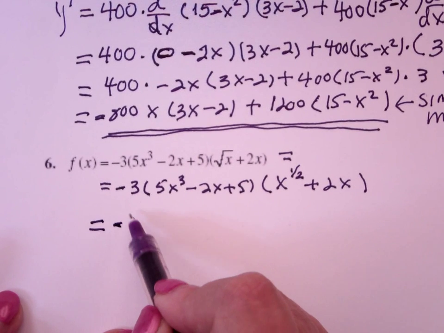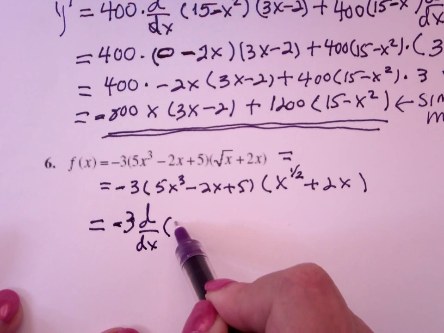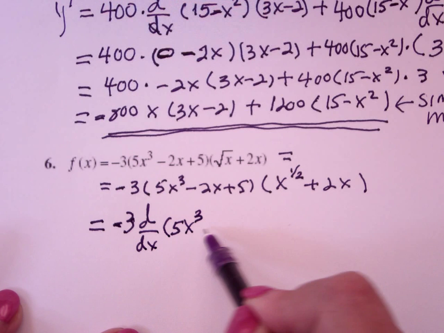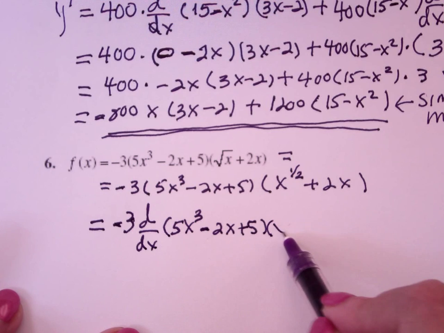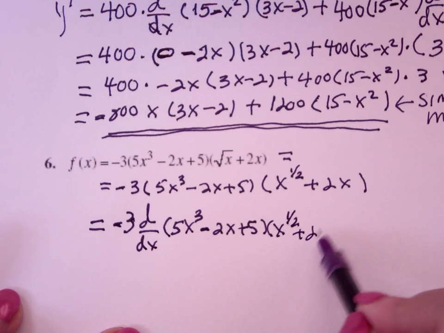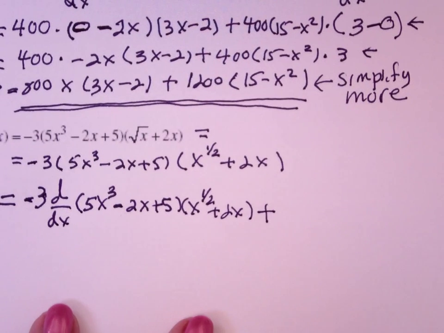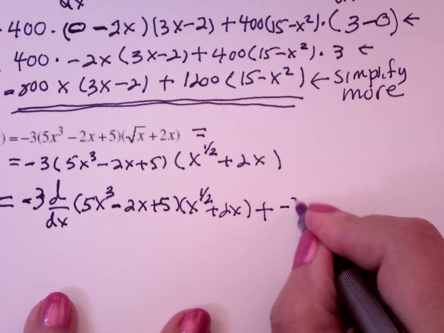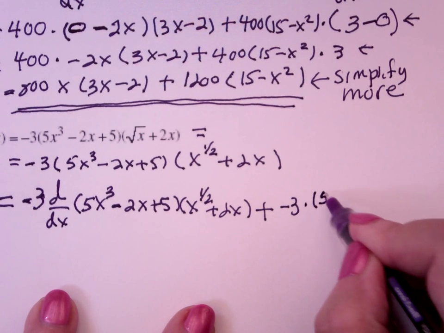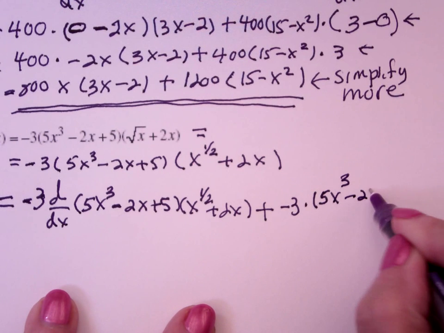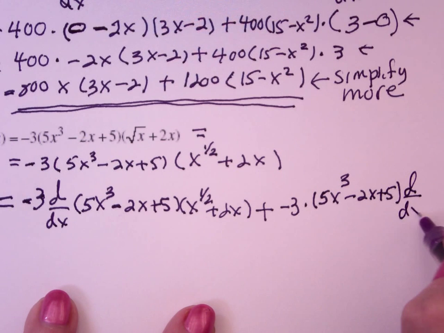It's going to be negative 3 times the derivative with respect to x of the first, times the second, plus a negative 3 times the first, times the derivative of the second.